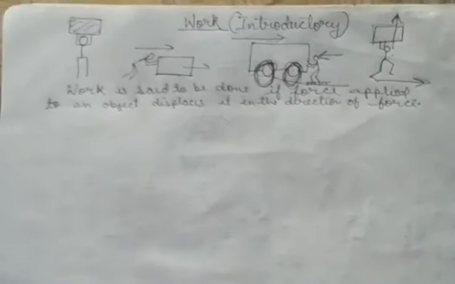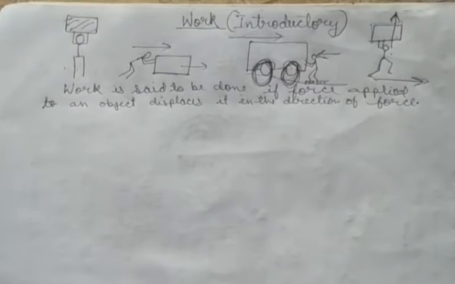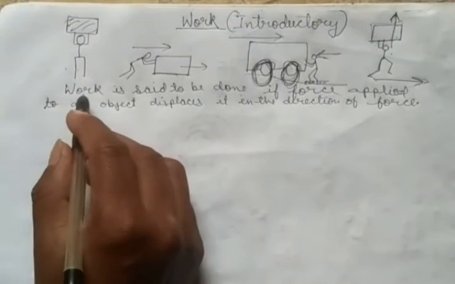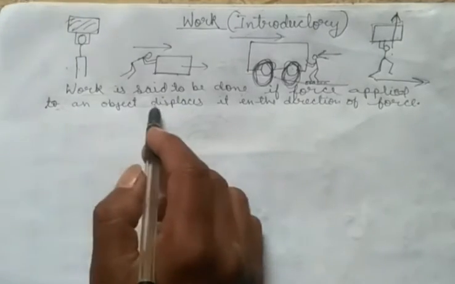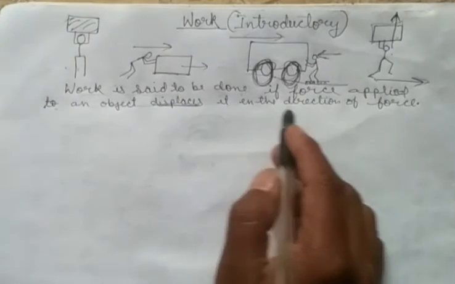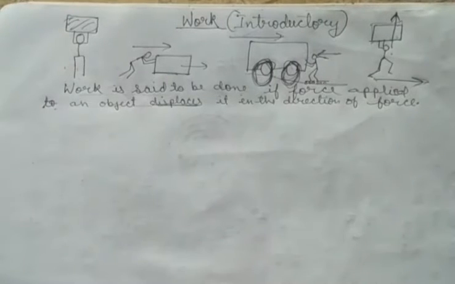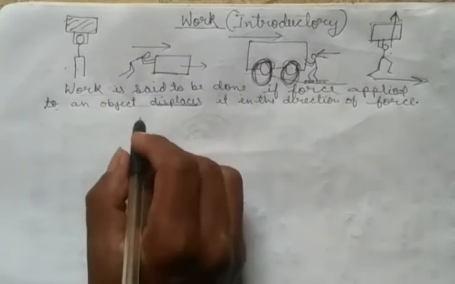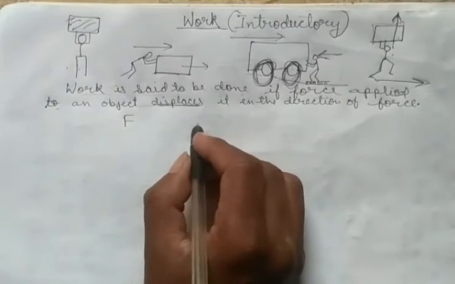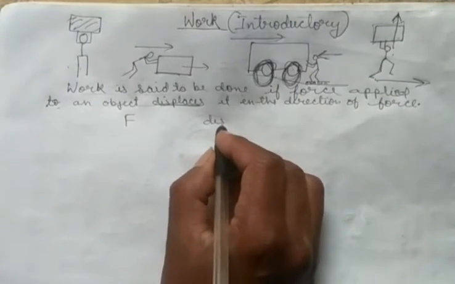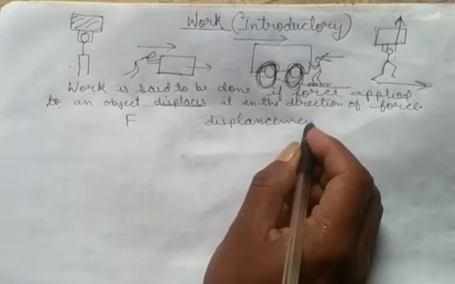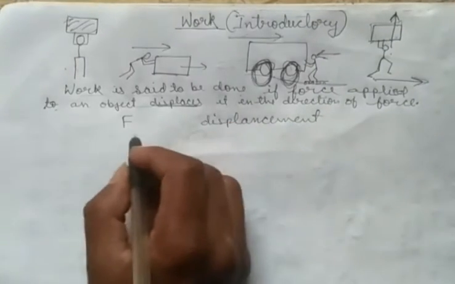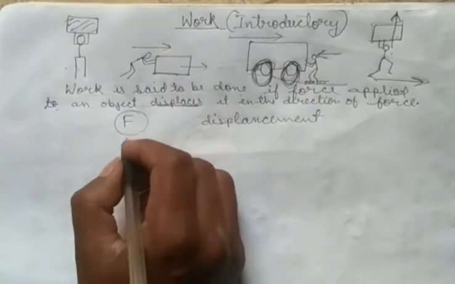Now first see this definition. Work is said to be done if force applied to an object displaces it in the direction of force. There are two things. One is force, the other is displacement. And most importantly, the direction of force.